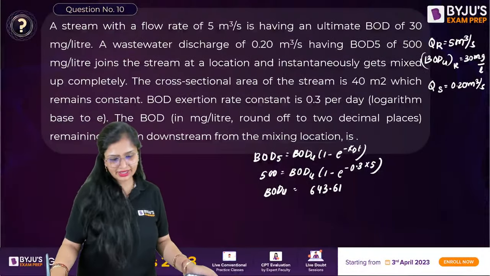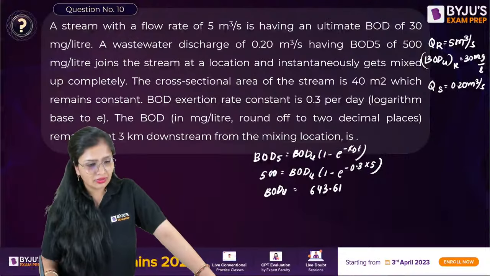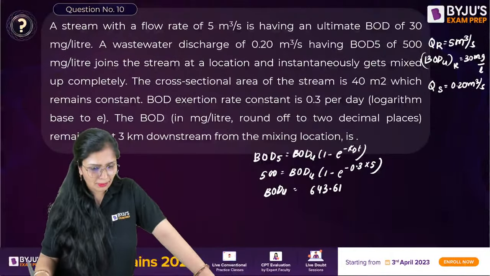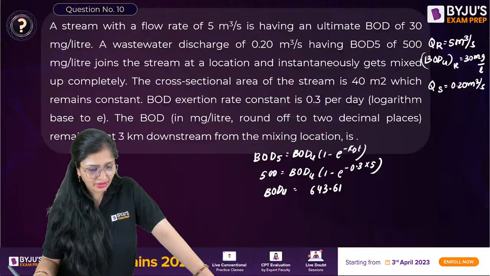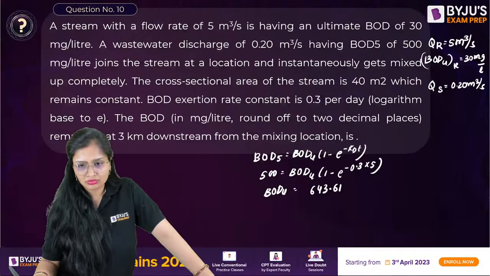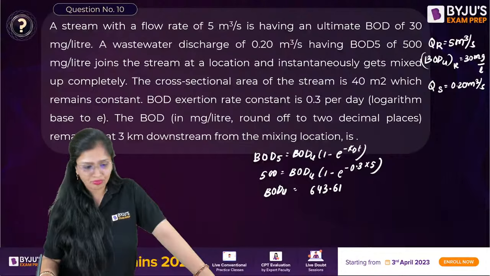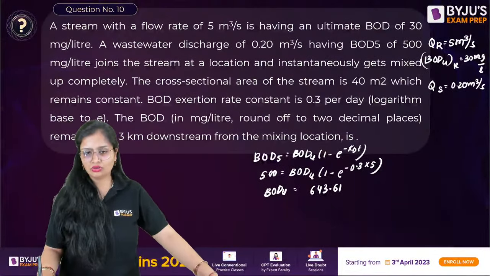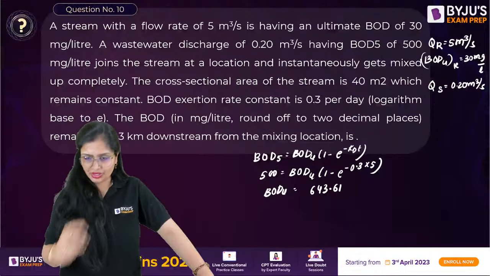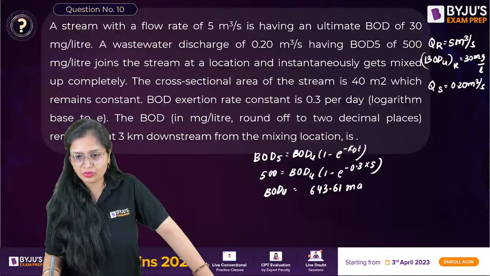That means I'll take it as 643.61. Is it? Yes or no? Is this coming? 0.65, right? So minus 0.3 into BOD rate is given to me. Okay. So this will be mg per liter.